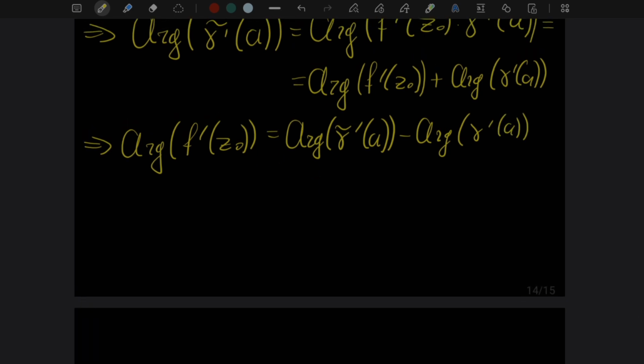And let me draw a diagram that explains it further.